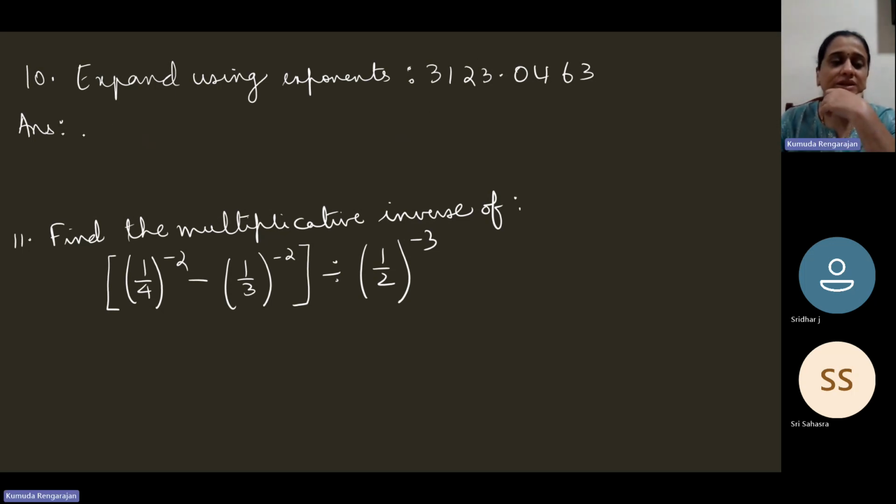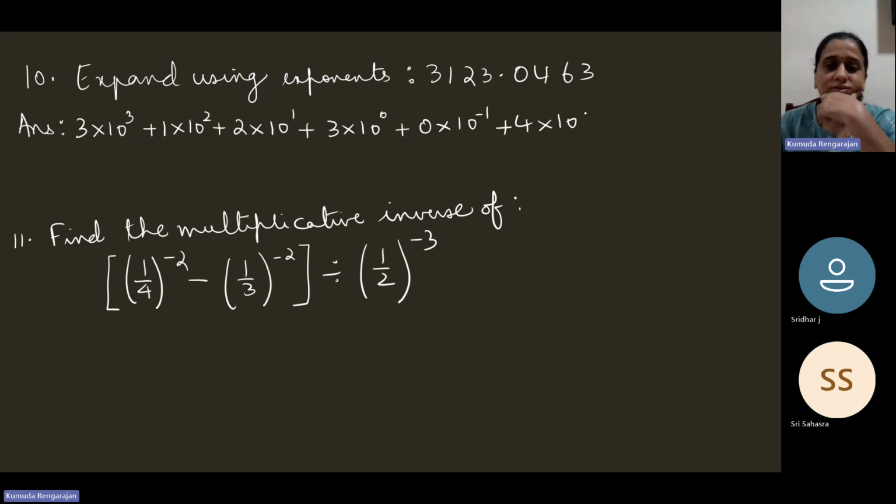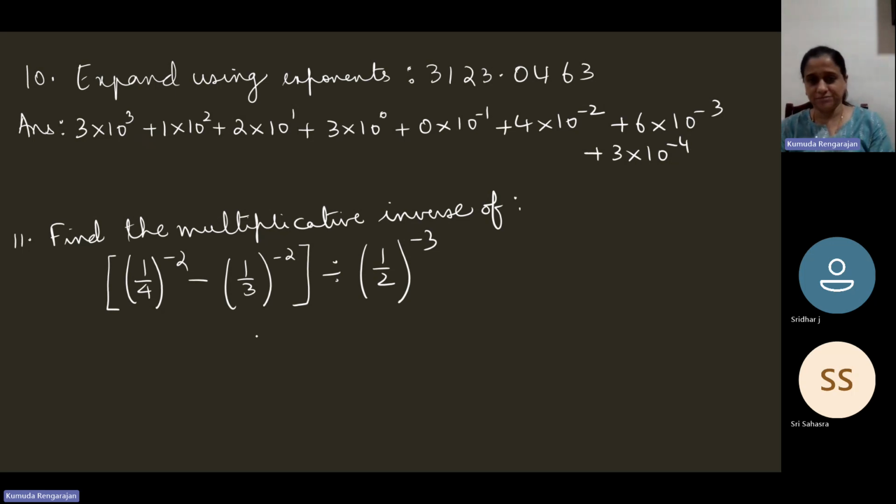Very good. 3 into 10 to the power 3 plus 2 plus 2 into 10 to the power 1 plus 0 plus 4 into 10 to the power minus 2 plus 6 into 10 to the power minus 3 plus 3 into 10 to the power minus 4. Very good, Aditya.